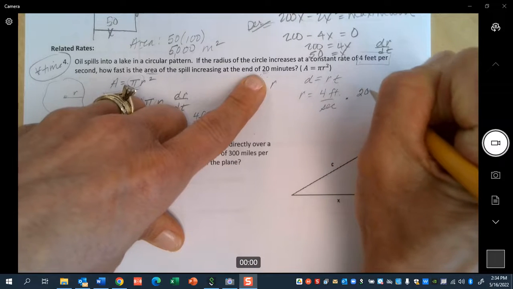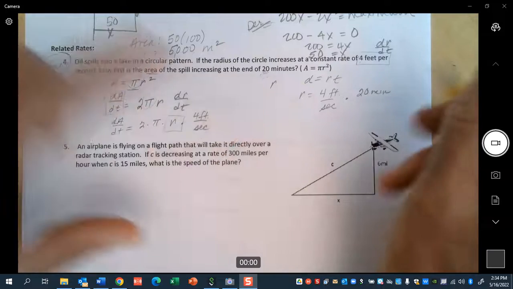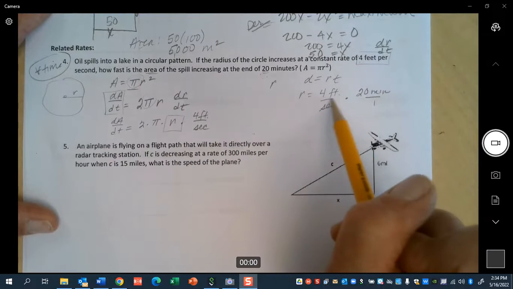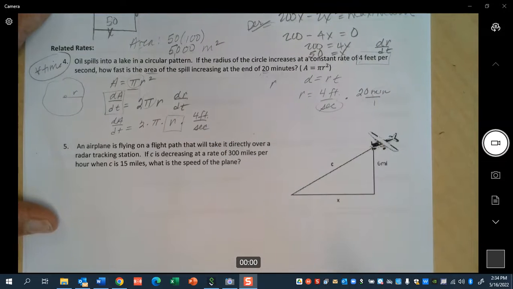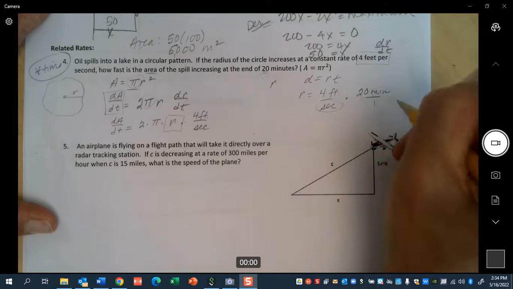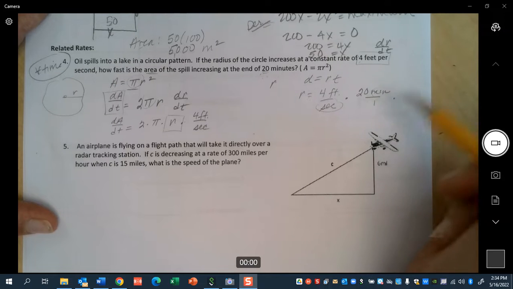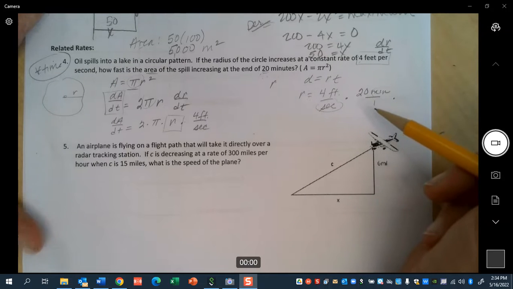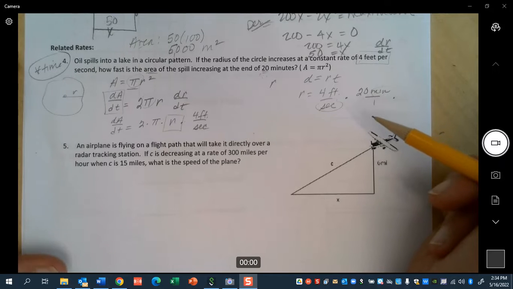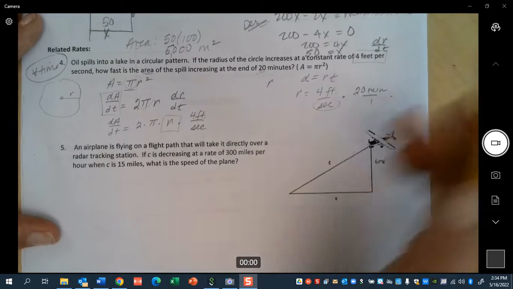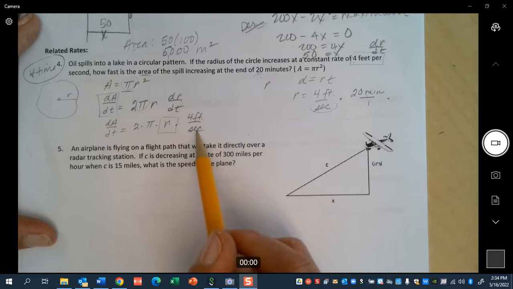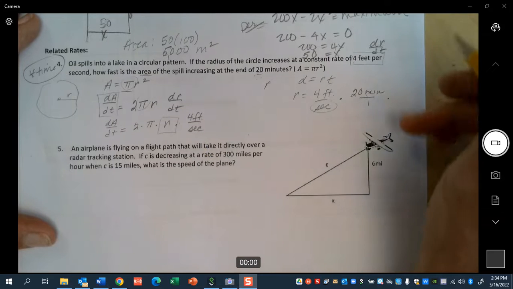So if I have 20 minutes, do you see how my time doesn't match? I need to figure out how to make it the right time. My rate is 4 feet per second for 20 minutes.